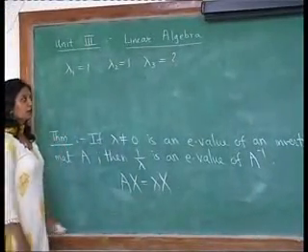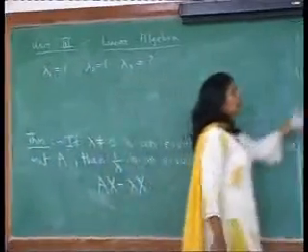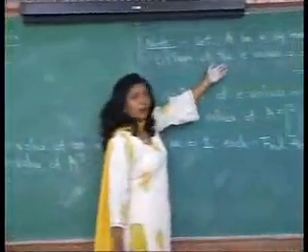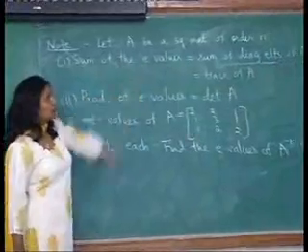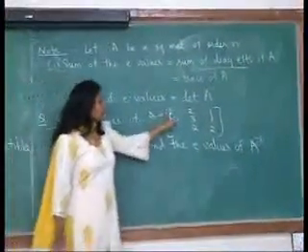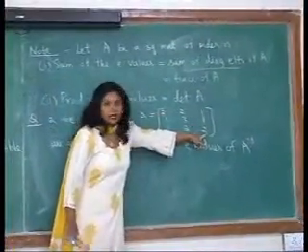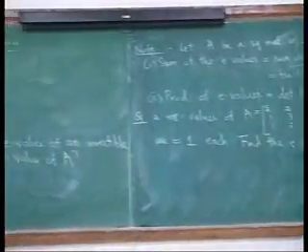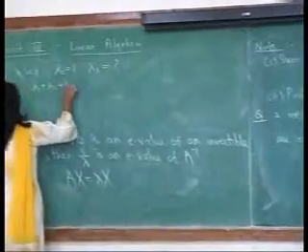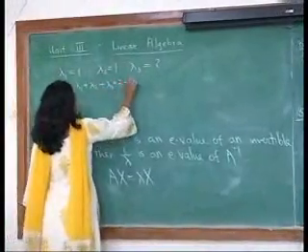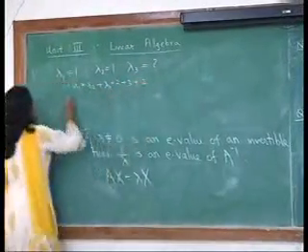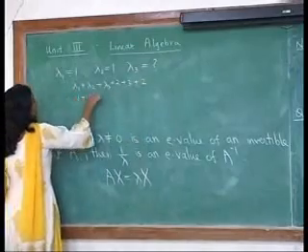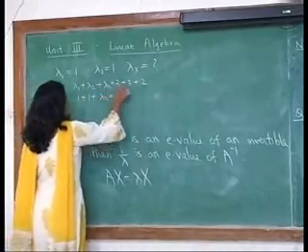Now let me make use of the earlier note. The earlier note says that the sum of the eigenvalues is equal to the trace of the matrix. Trace of the matrix is the sum of the diagonal elements. So lambda 1 plus lambda 2 plus lambda 3 will be 2 plus 3 plus 2. We know the value of lambda 1. We know the value of lambda 2.